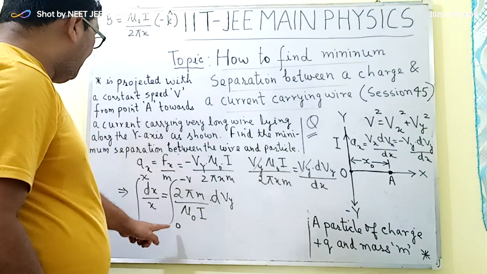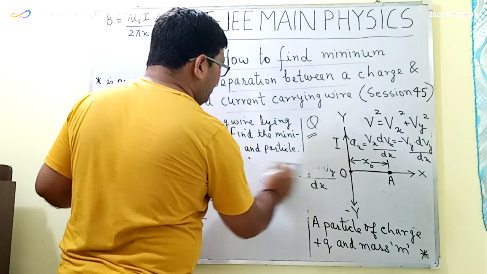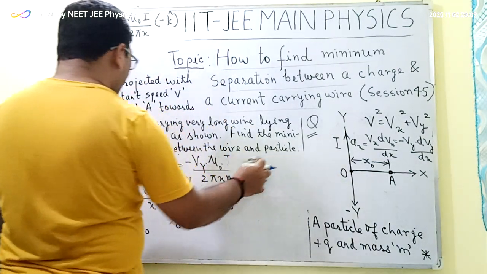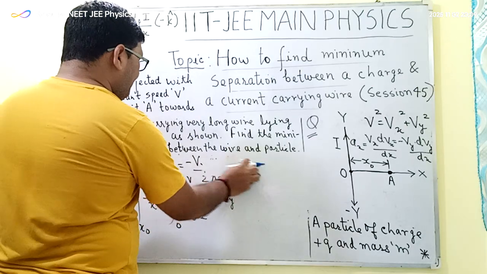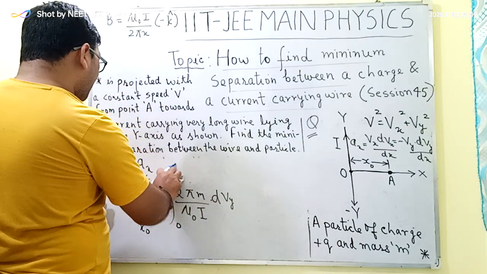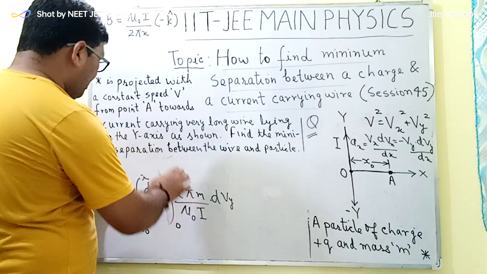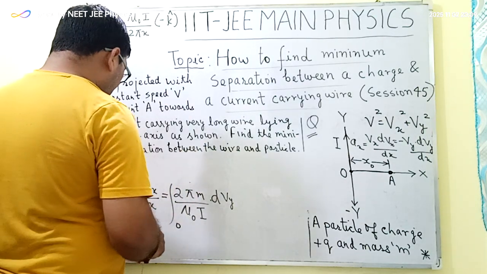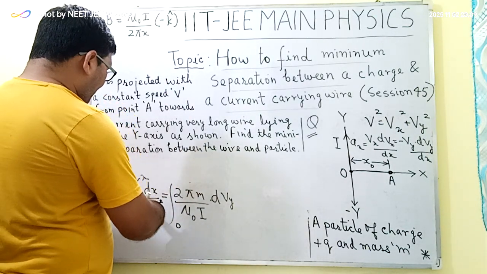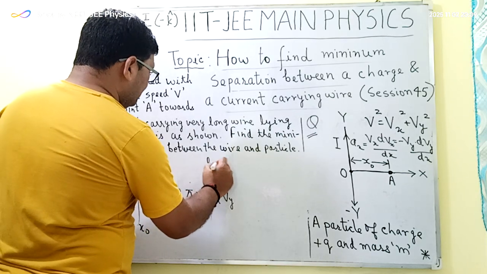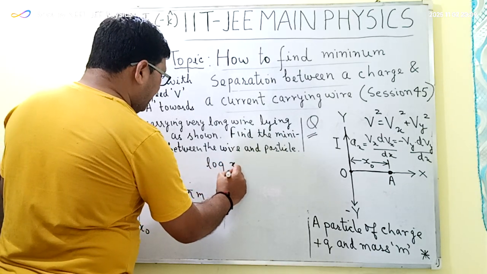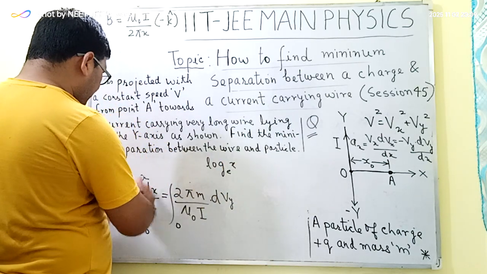Now I will simply integrate this equation, and we will be able to find the minimum separation between the charged particle and the current carrying wire. The integration of 1 by x is equal to log x to the base e, and the limits will be from x naught to x.